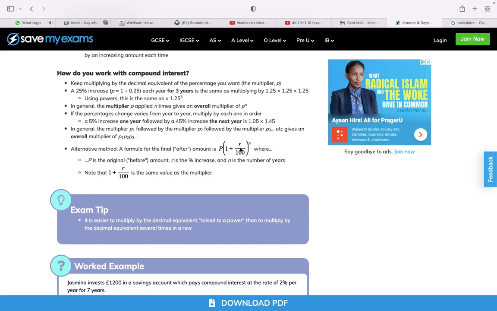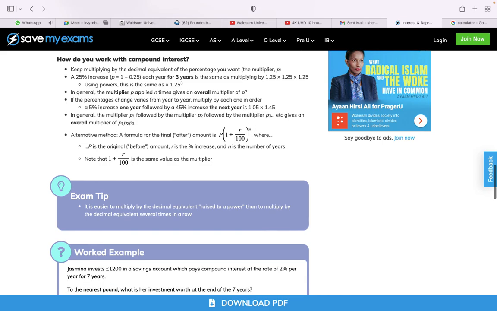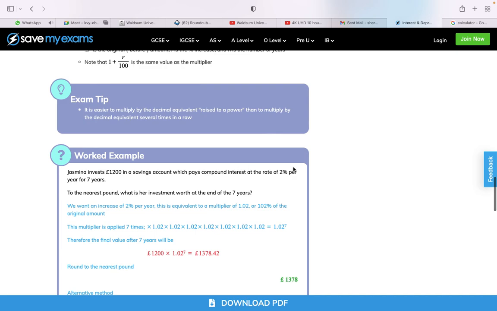If you change to decimal, it becomes 0.02. 0.02 plus 1 will become 1.02. So we say raised to power 7 because the money is invested for 7 years. So that's how we obtain this.